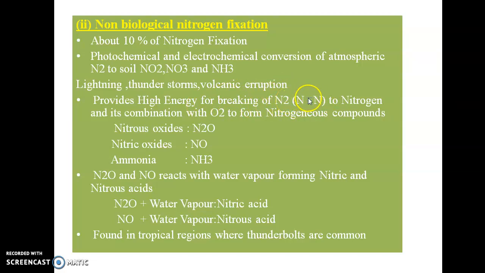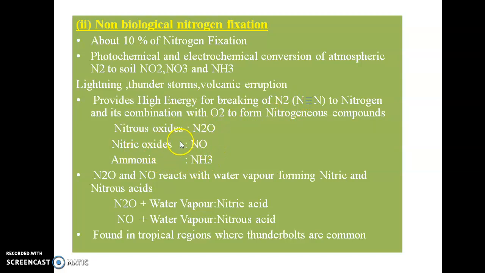After the thunderstorm and lightning, the nitrogen gets split into two nitrogen atoms, and these nitrogen atoms react with oxygen and form nitrogenous compounds. For example, 2 atoms of nitrogen react with an oxygen atom to form N2O, that is nitrous oxide, and one nitrogen atom and another oxygen atom react to form nitric oxide, and when nitrogen reacts with hydrogen gas, it results in the formation of ammonia.